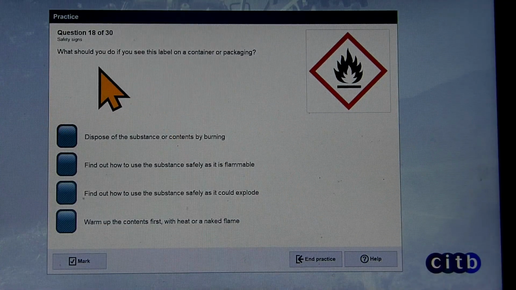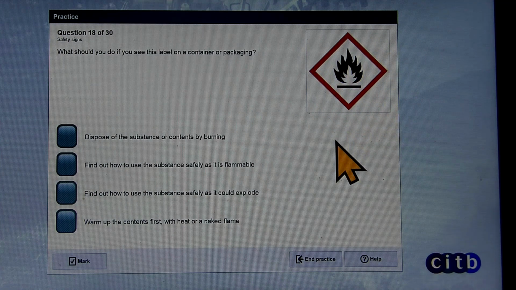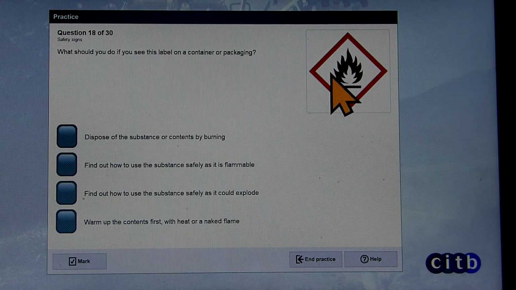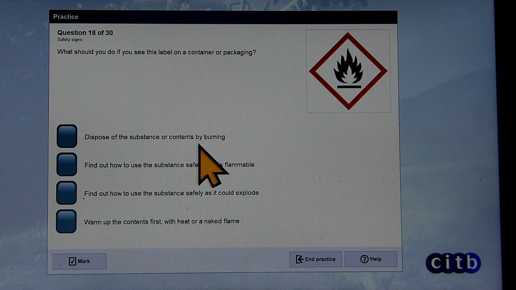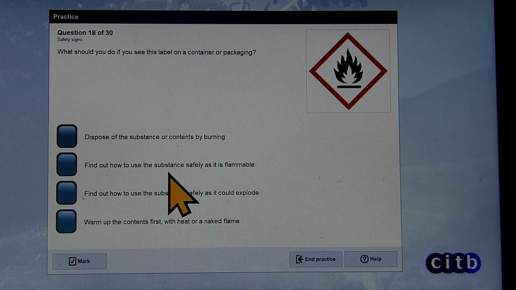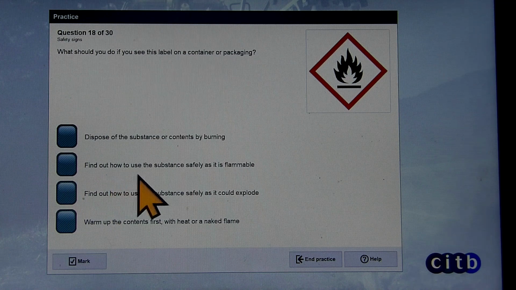What should you do if you see this label on a container or packaging? Most of the time containers do have this type of label. So what does it mean? Dispose of the contents by burning? No. Find out how to use the substance safely, as it is flammable.